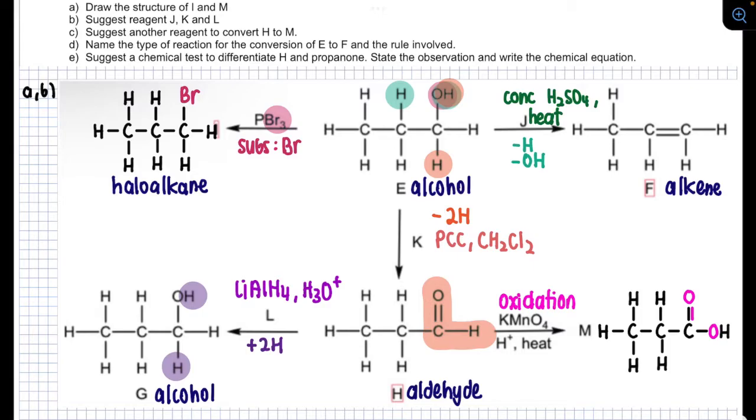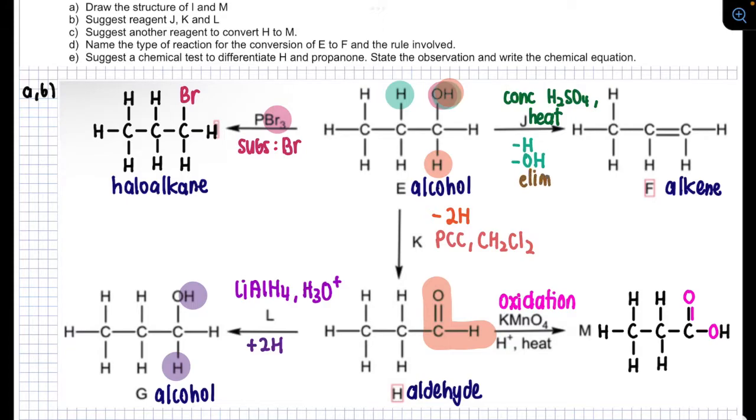Next, let's look at F. From our alcohol, this is the product. So what is the difference? Here there should be an H, but now it's gone. There should be an OH here, but it's also gone. So what happened is that we have removed H and OH. This is what we call the elimination process.